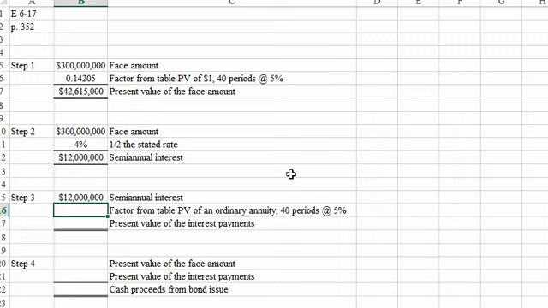So we'll flip to our table, present value of an ordinary annuity. That one is on page P-4. We'll come to 5% and down to 40 periods, 17.15909.